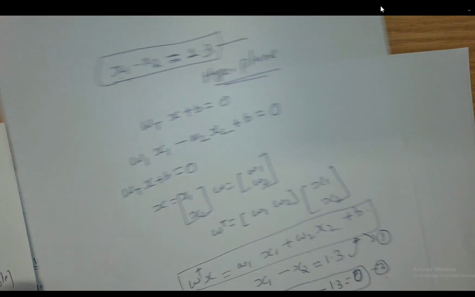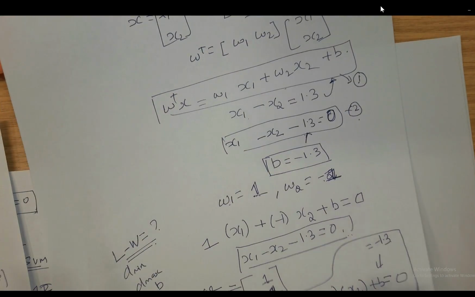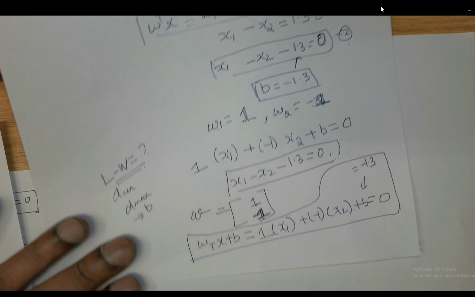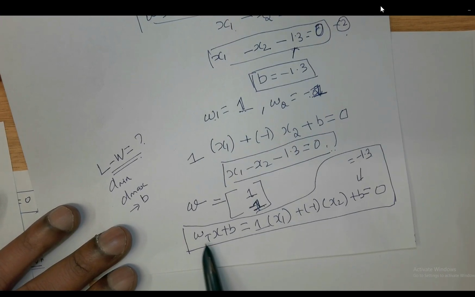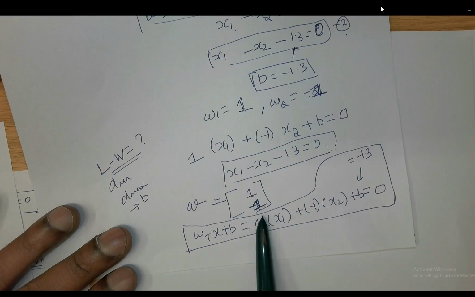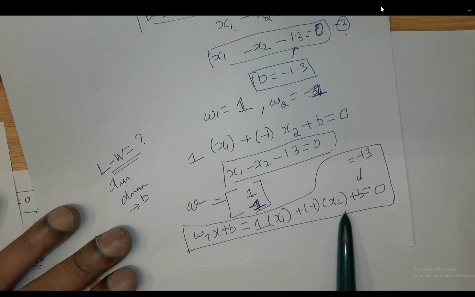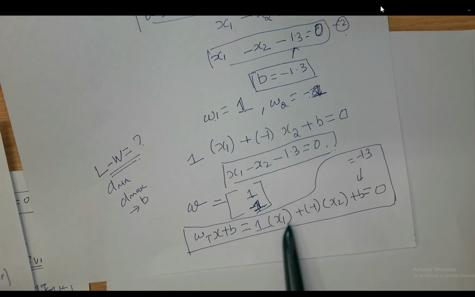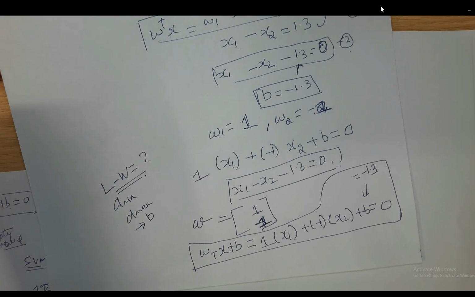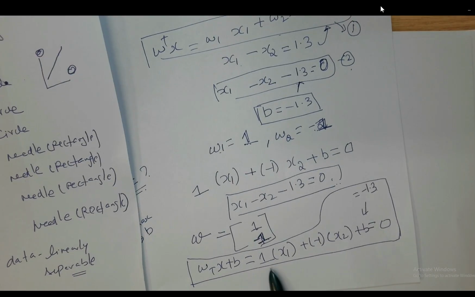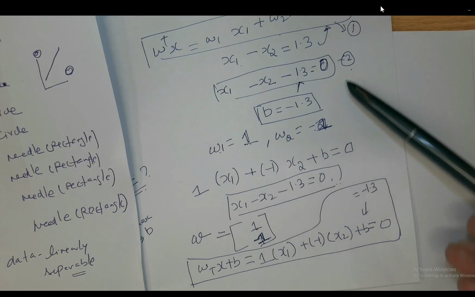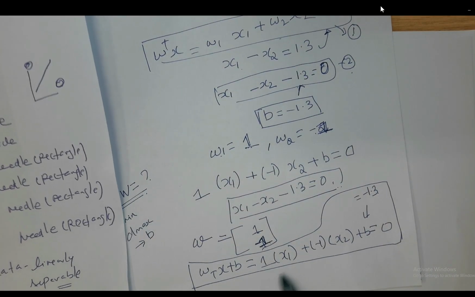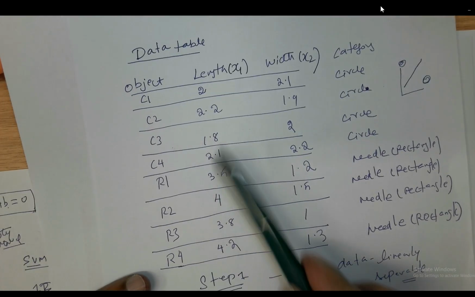So I can prove this equation, which is here. With this vector (1, minus 1), this one is the equation of the hyperplane. In two dimensions, you will see a line. I can show this is the hyperplane that separates this data.